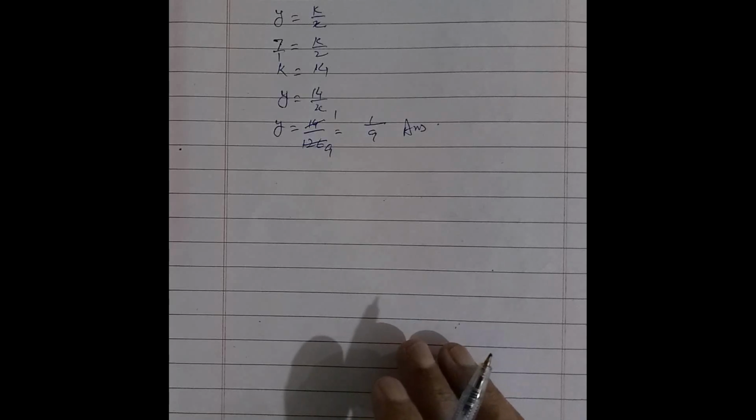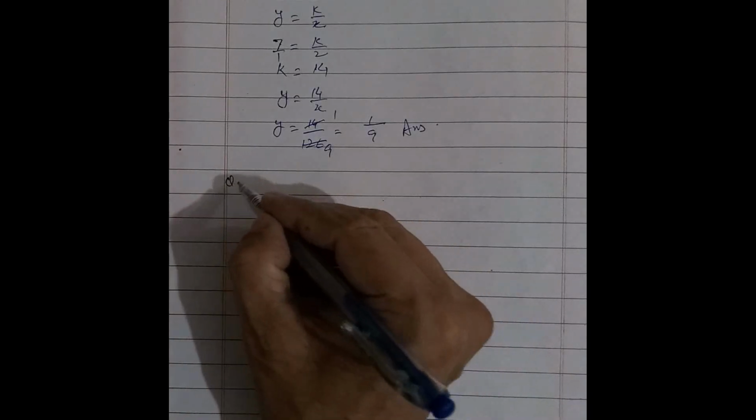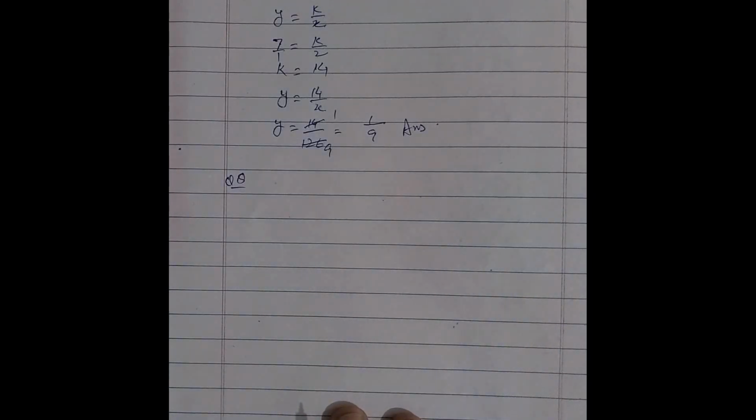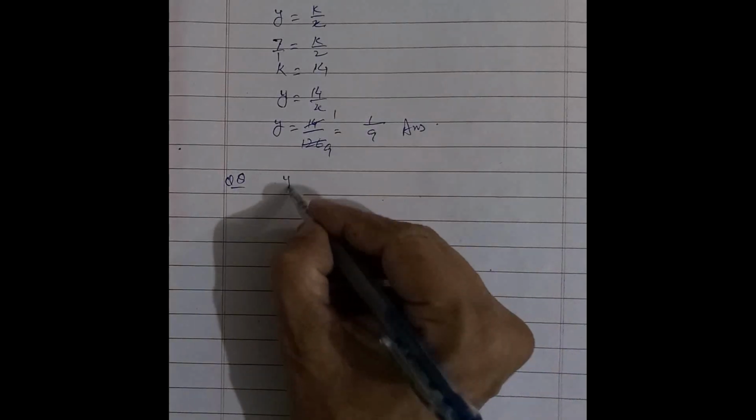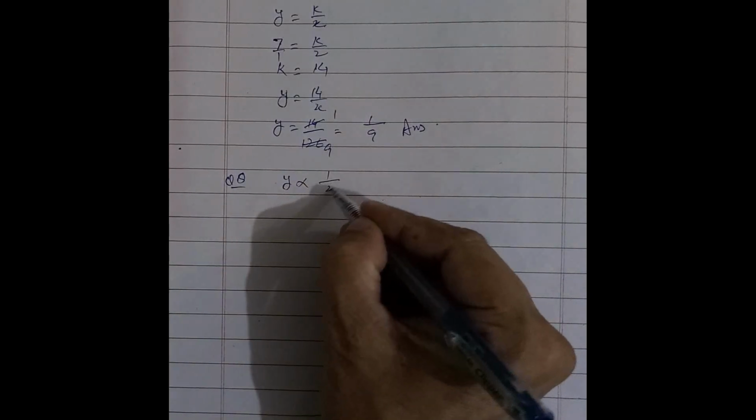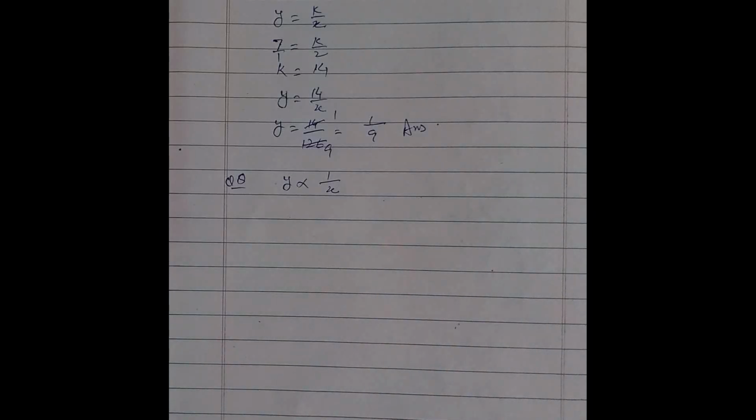Next, which is question 8. Here also y is inversely proportional to x, and we write it as y is inversely proportional to 1 over x. We solve it the same as question 7.